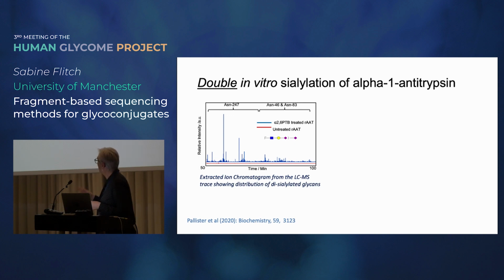So when he looked at that terminal sialyl lactose using similar approaches to those I've shown before, he clearly found that there was a motif that had the sialyl lactose, and the sialyl lactose had a further sialylation. And this is an extracted ion chromatogram on different glycosylation sites, and he saw this structure clearly on different glycosylation sites. So there seemed to have been some over-sialylation happening, and we wanted to know which one that was.